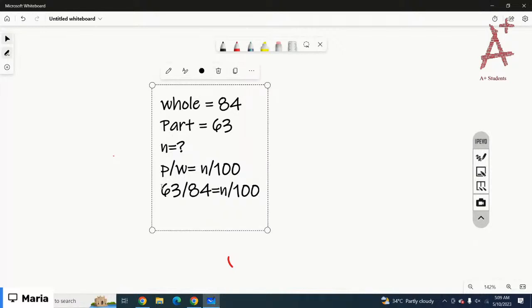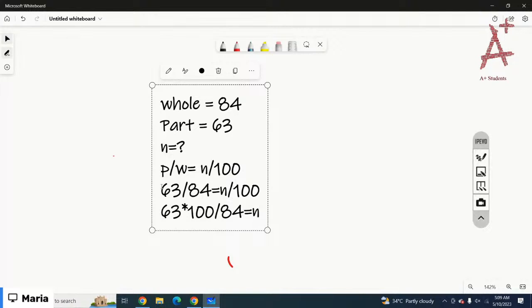So it would be 63 times 100 divided by 84. You need to calculate the value of n. So it would be 6300 divided by 84. So it would be 75.